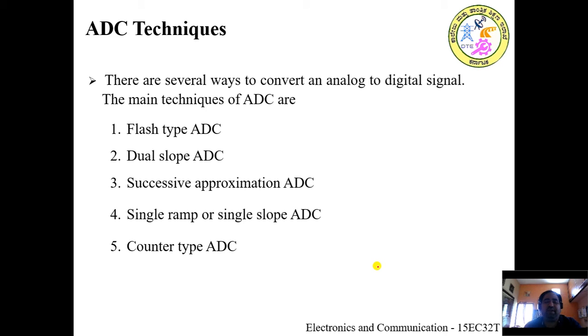Among these five techniques, for your curriculum the first three, that are flash type, dual slope type and successive approximation type of ADCs, are included. We will discuss the first type, the flash type of ADC, now.